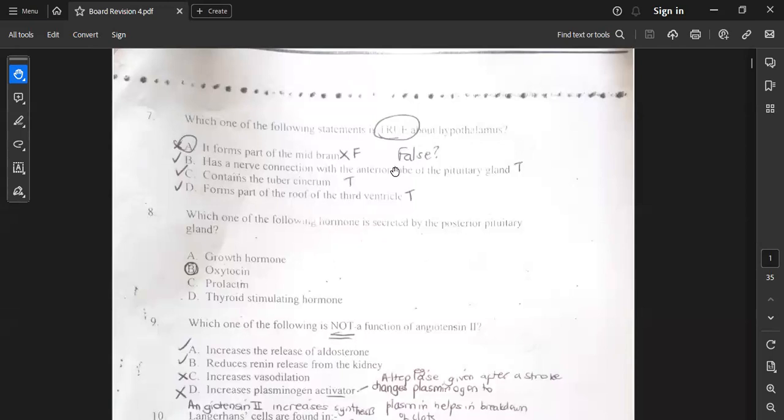Which one of the following statements is true about hypothalamus? It forms a part of the midbrain, has a nerve connection with the anterior lobe of the pituitary gland, contains the tuber cinereum, and forms part of the roof of the third ventricle.